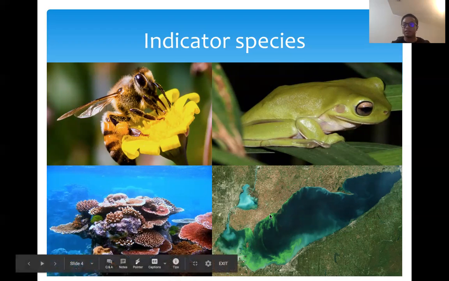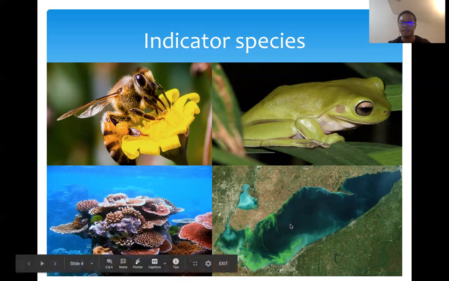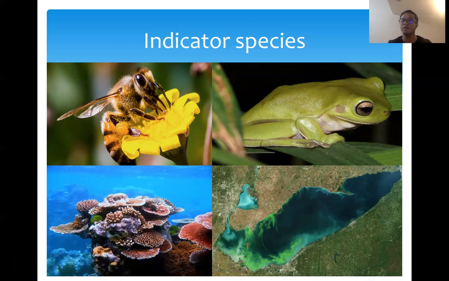And then on the bottom right is an algal bloom in Lake Erie. It's important to understand microorganisms as indicator species because algal blooms cover the surface of the lake by absorbing sunlight and nutrients that come from the lake.